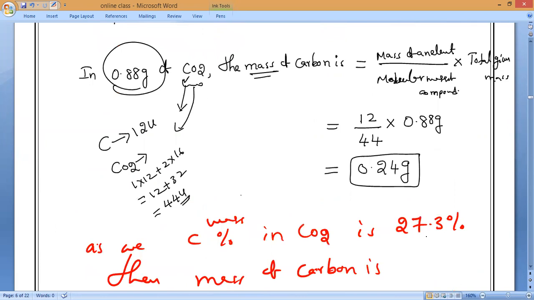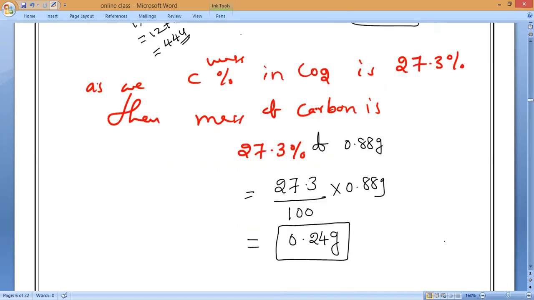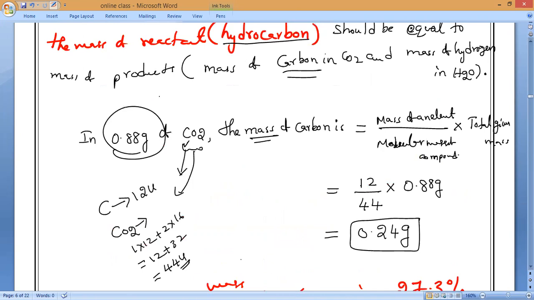Once completed, let me know. First, have you found the mass percentage of carbon? All of you? Mass of carbon, completed?